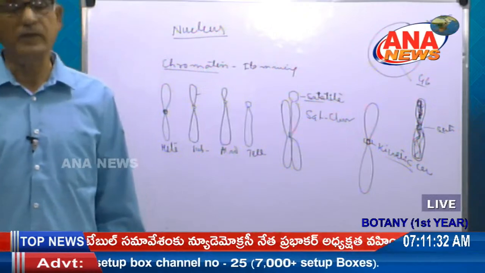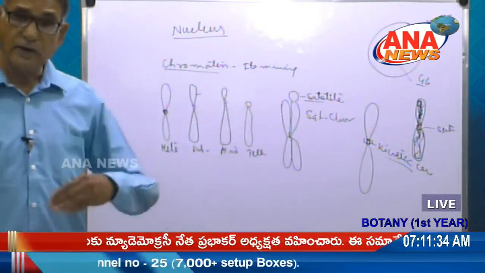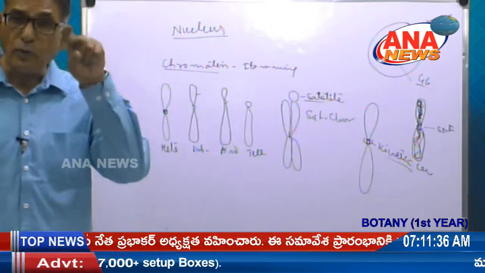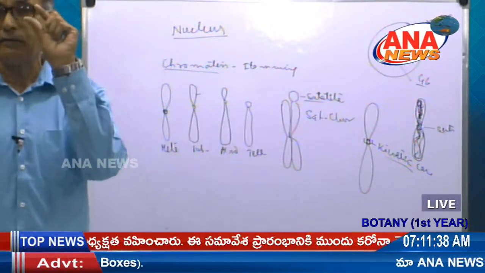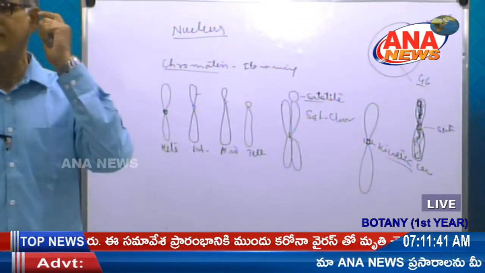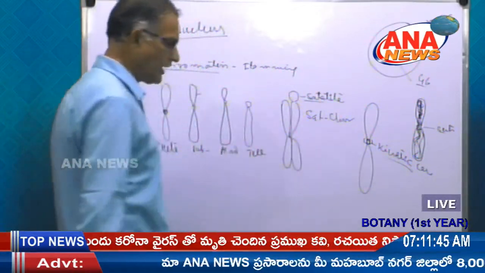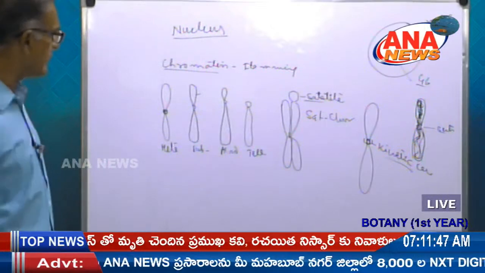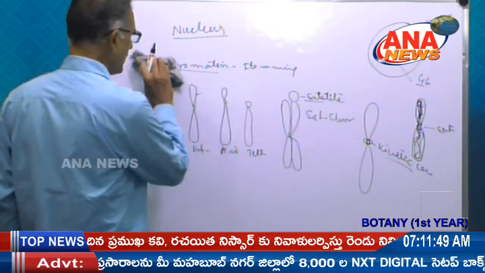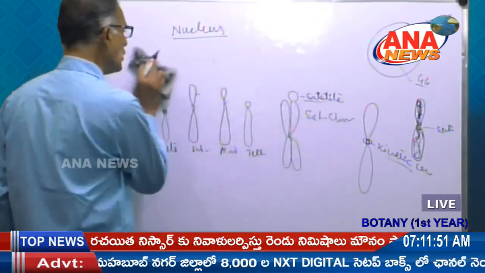Beyond the secondary constriction, the chromosome appears as a globe or spherical body, like a bulb, which is known as a satellite. Such chromosomes are called SAT chromosomes, or satellite chromosomes. Further, we will discuss the continuation of the nucleus, the nucleosomes.